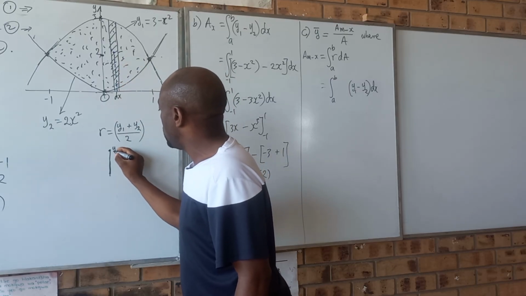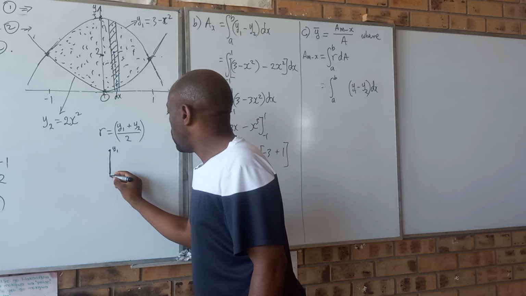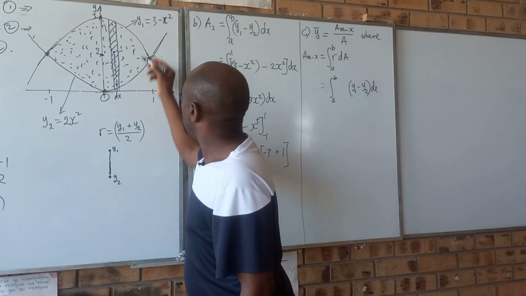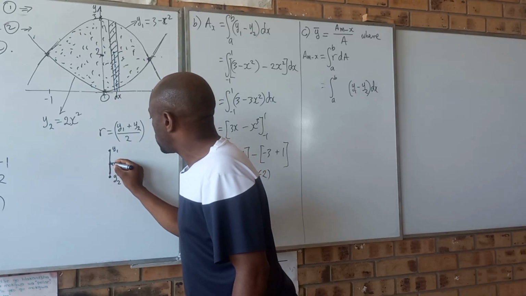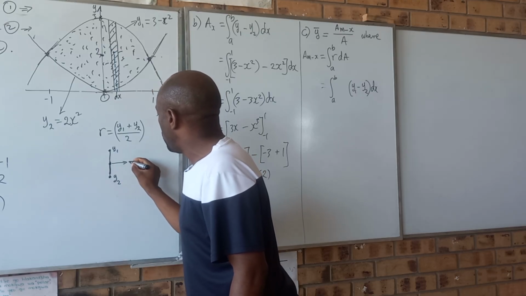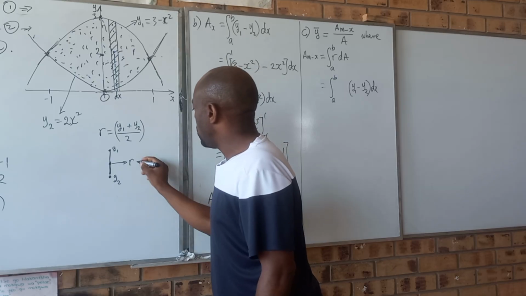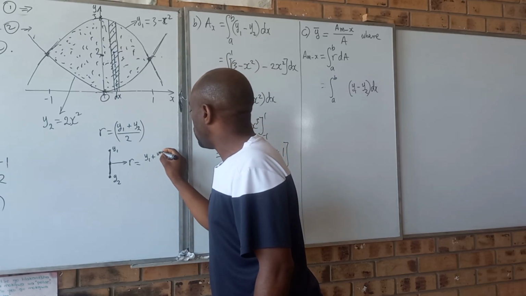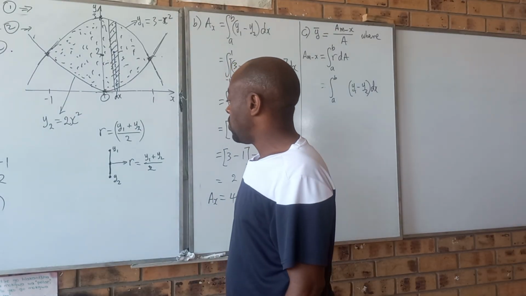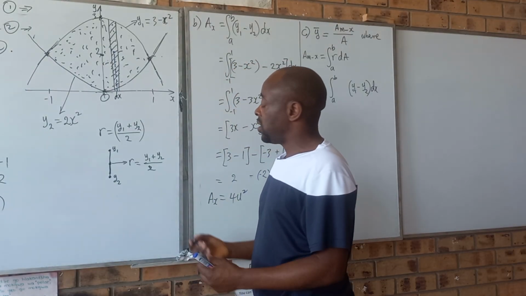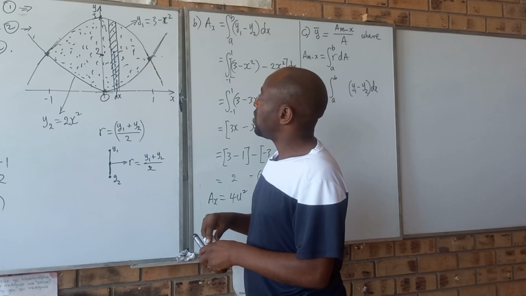This line has y1 at the top, y2 at the bottom. Then r, the distance, is always coming from the midpoint. We all know how to calculate the coordinate of the midpoint. It's y1 plus y2 over 2.